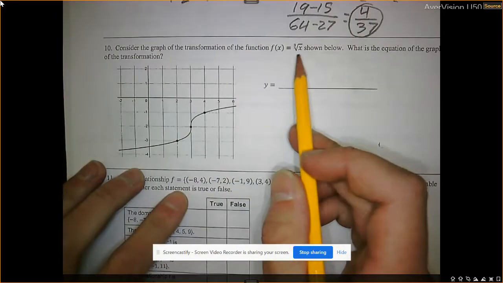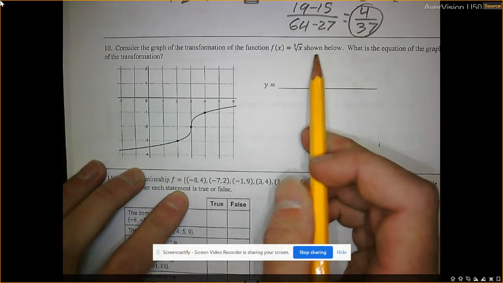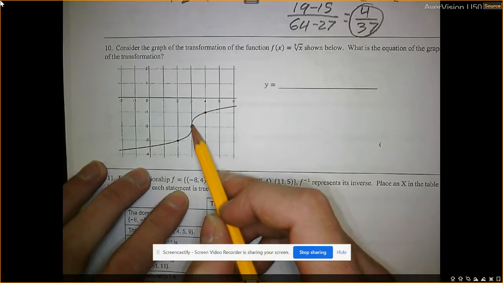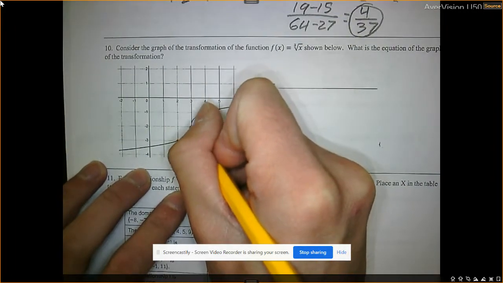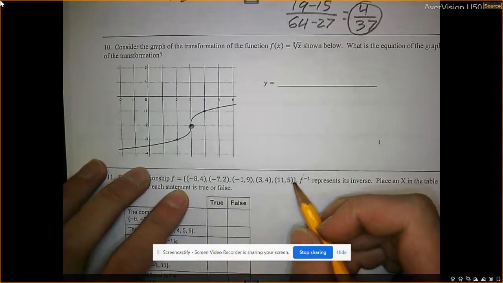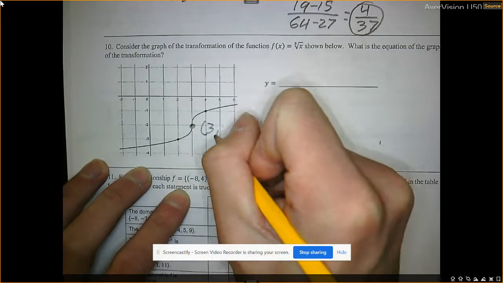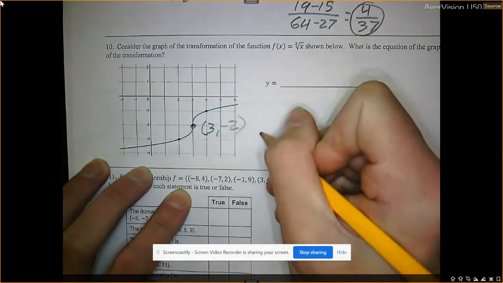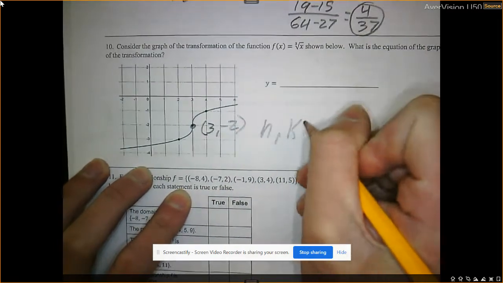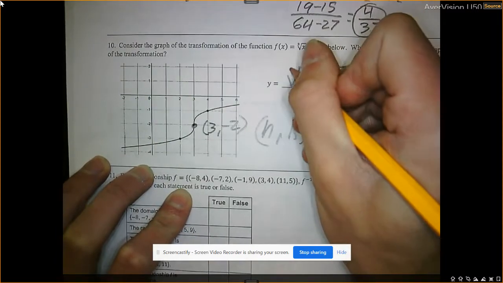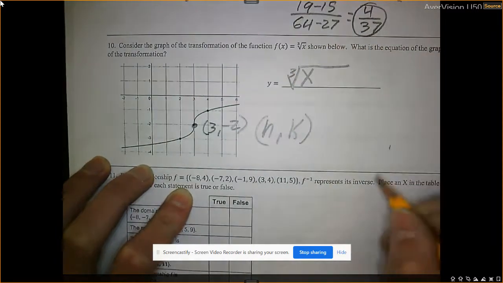Okay, consider the graph number 10. We have f of x equals the cube root of x, but it's been transformed a little bit, and we can figure out the transformation just by looking at the vertex. The vertex is at 3 comma negative 2, and remember the vertex is h comma k. So we need to go to our cube root function and know where h goes and where k goes.